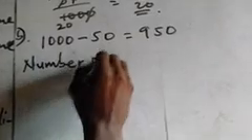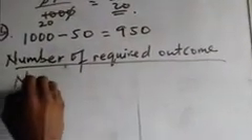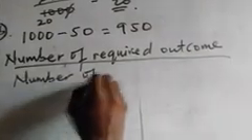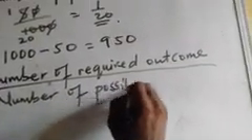Apply your formula again. Number of required outcome over number of possible outcome.